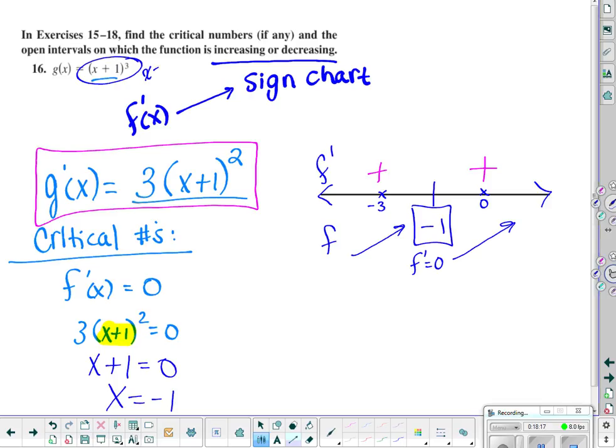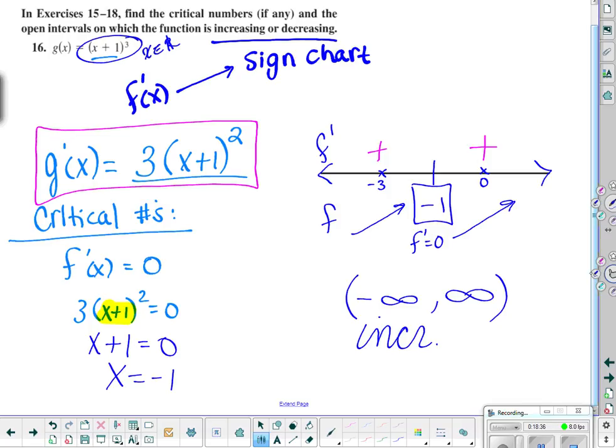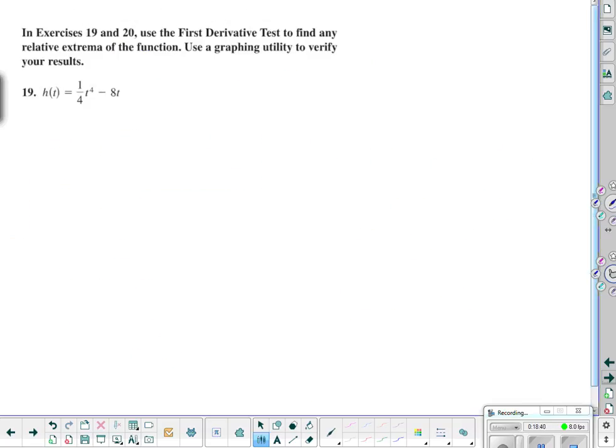For our domain, x can be any real number. So I'm going to make my interval go from -infinity to +infinity. That is where we have an increasing function. Temporarily, at that one point of -1, it flattens, but then the very next point is going to be higher than that previous point. Let's call this one good. I will start up another video after this.